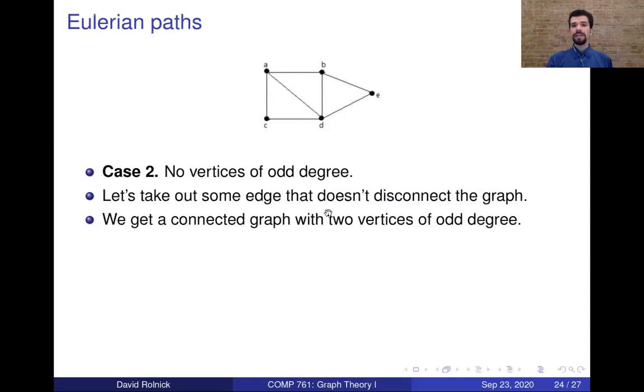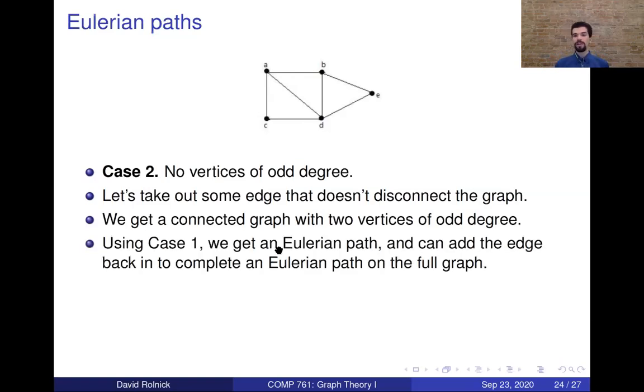And what can we do then? Yeah, go back to case 1. Using case 1, we get an Eulerian path. We can add the edge back in to complete an Eulerian path, which is actually an Eulerian circuit on the full graph.